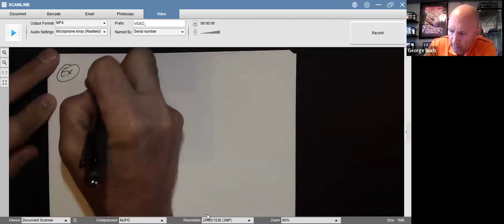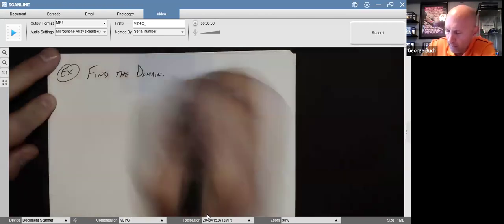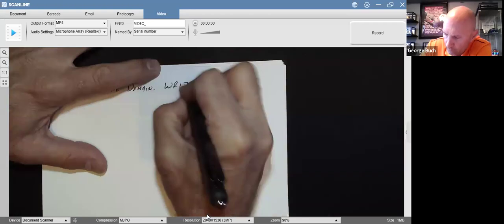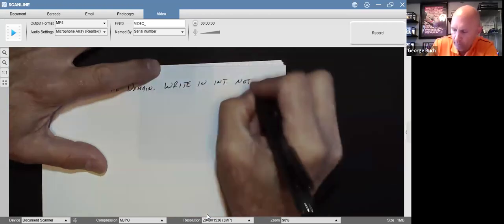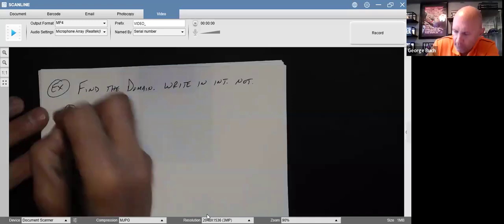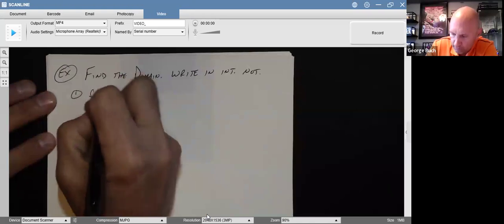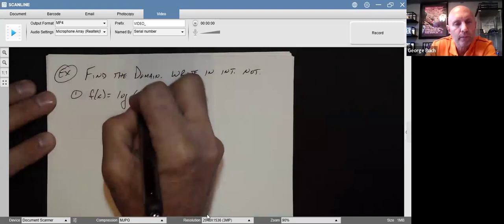Find the domain and write in interval notation. So the first one we have f of x is equal to log of x plus 2.